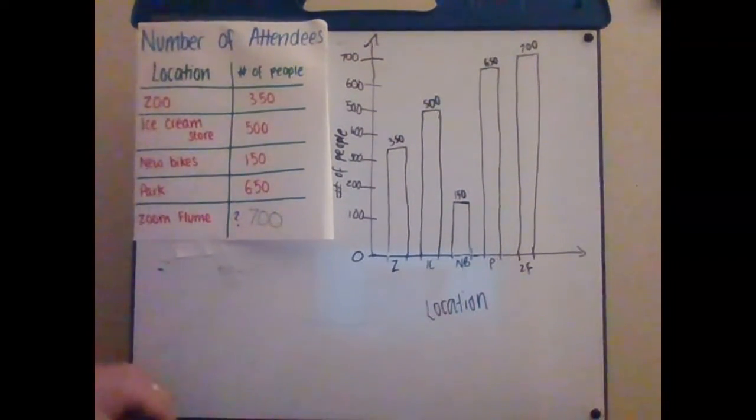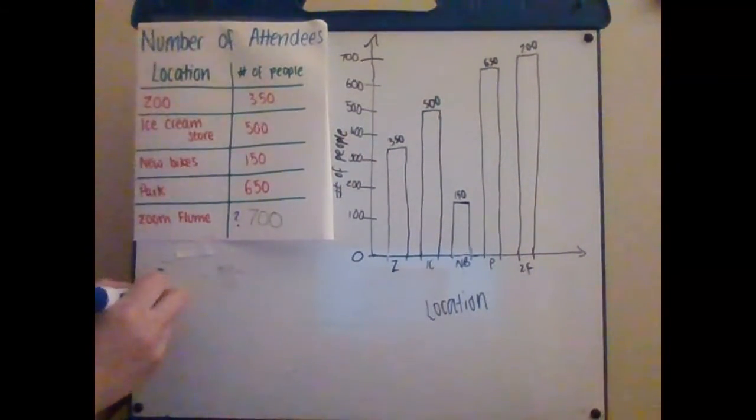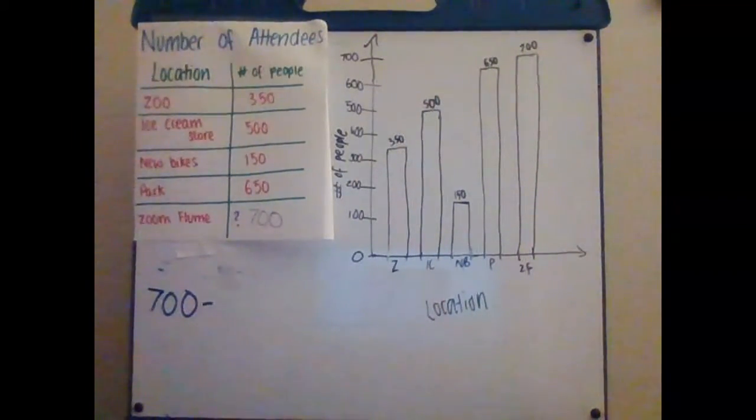Now, difference means that we're going to do subtraction. Because I want to know the difference between the number of people that attended Zoom Flume, which was 700, and that was also the highest number of people attending. What is the location with the lowest, or the least number of people attending?